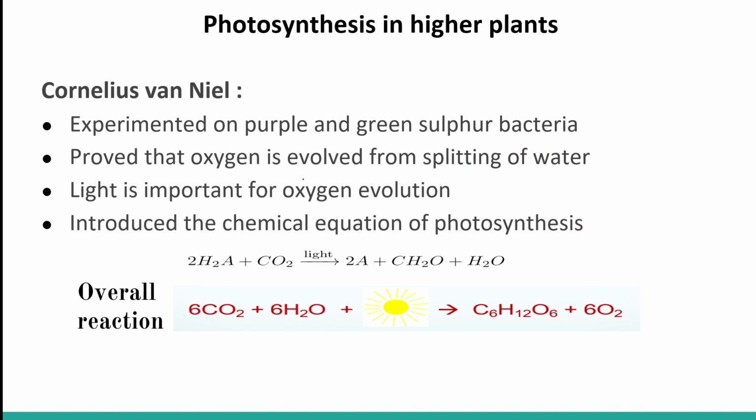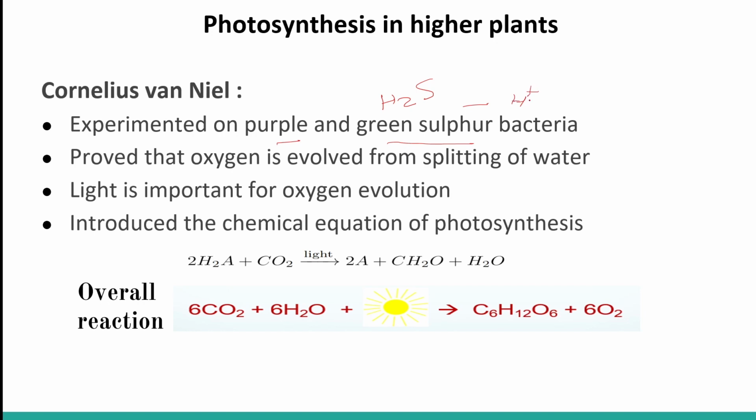Then there was a discovery made by Cornelius van Niel. He was experimenting on purple and green sulfur bacteria. These purple and green sulfur bacteria use hydrogen sulfide, H2S. They use hydrogen sulfide as a source of energy, and hydrogen sulfide acts as a hydrogen donor, a proton donor we can say.